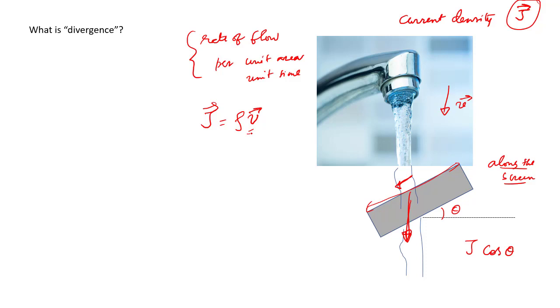That's how we are getting J is equal to rho V in case of water. And if I have a screen, only a part of this velocity is contributing to flow across the screen.